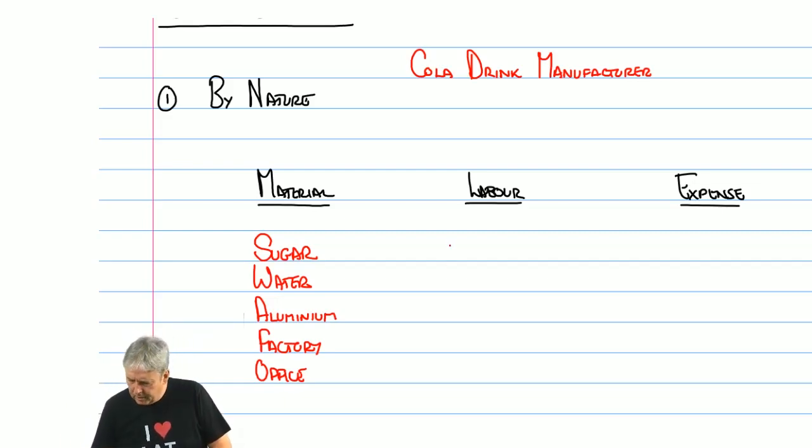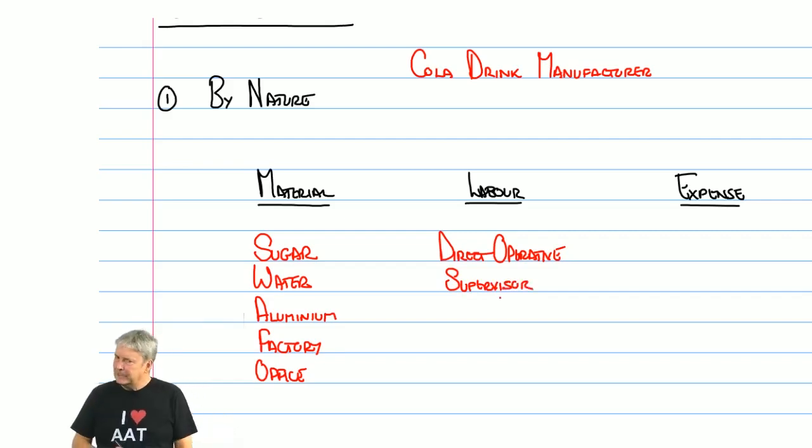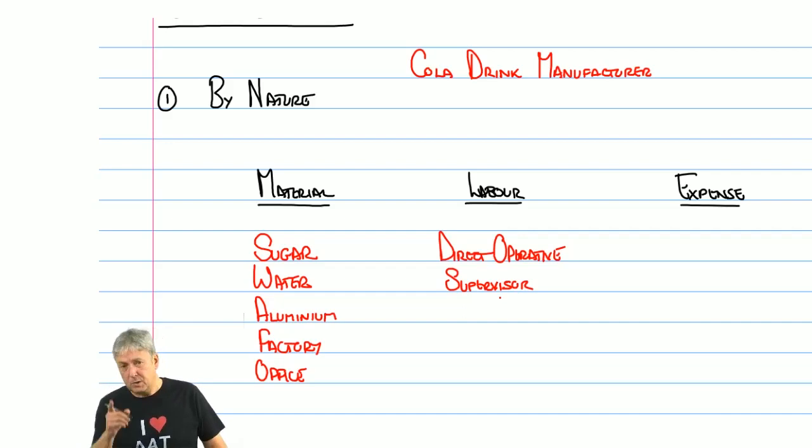So we've got a direct operative, and I use that term very much advisedly. You've got a supervisor, the person with the clipboard that goes around all the time. You've possibly got the most important person in the whole of the environment, and that is the accountant.